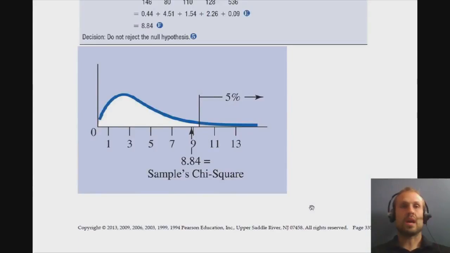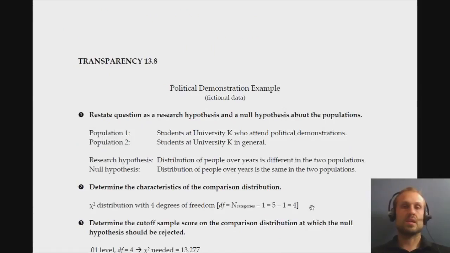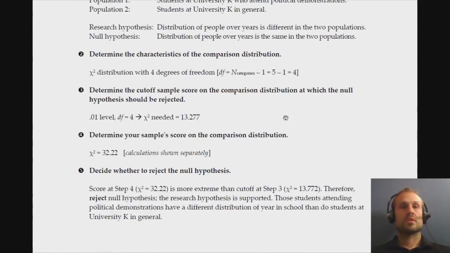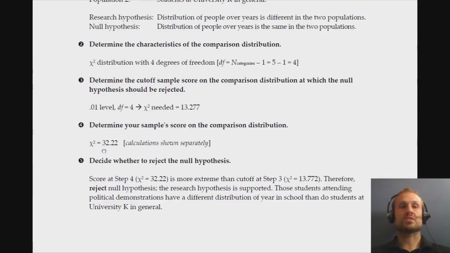So let's see what we have in slide 8. My cutoff value is 13.277, and I observed from my previous calculations a 32.22. So then we can say that it is greater, so it's more extreme.